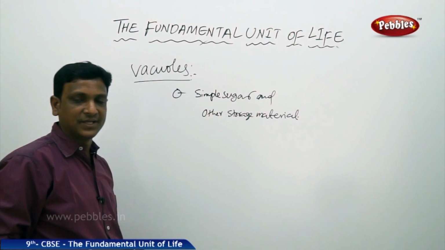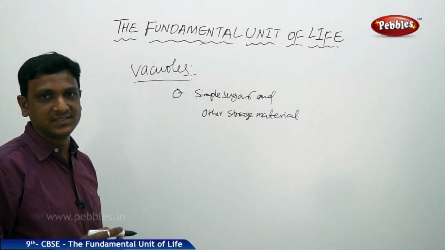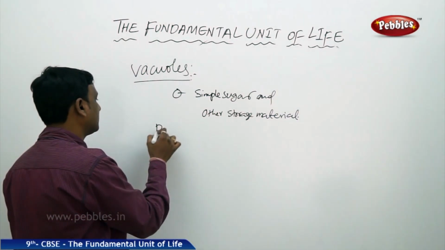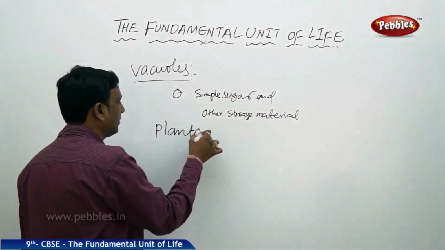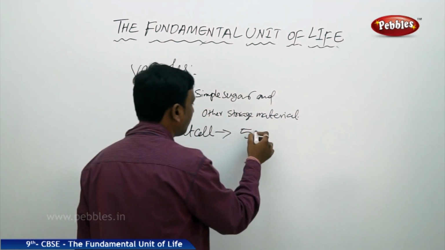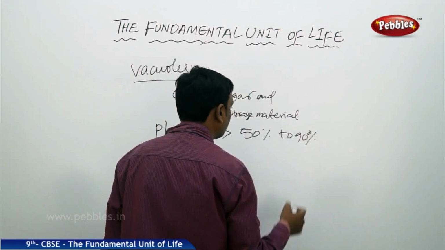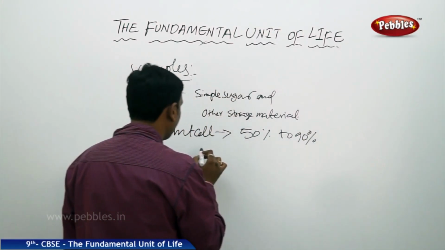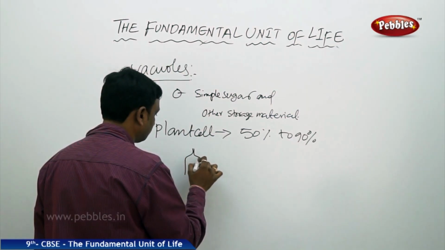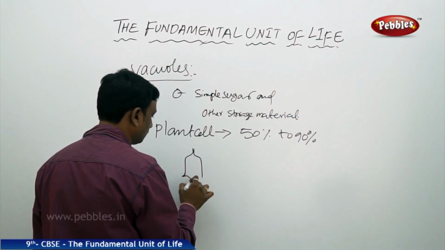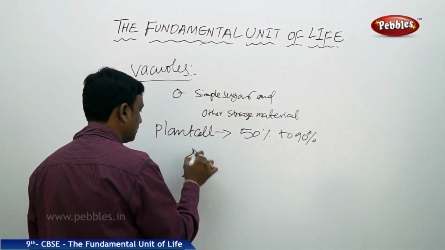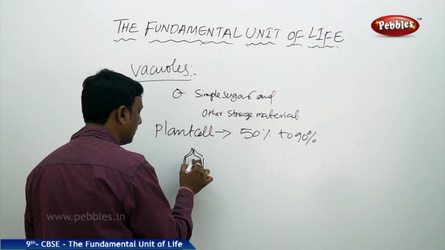Generally, we see vacuoles in large size in plant cells, especially in plant cells. They occupy the space from 50% to 90%. If you see a plant cell, just this is a plant cell.